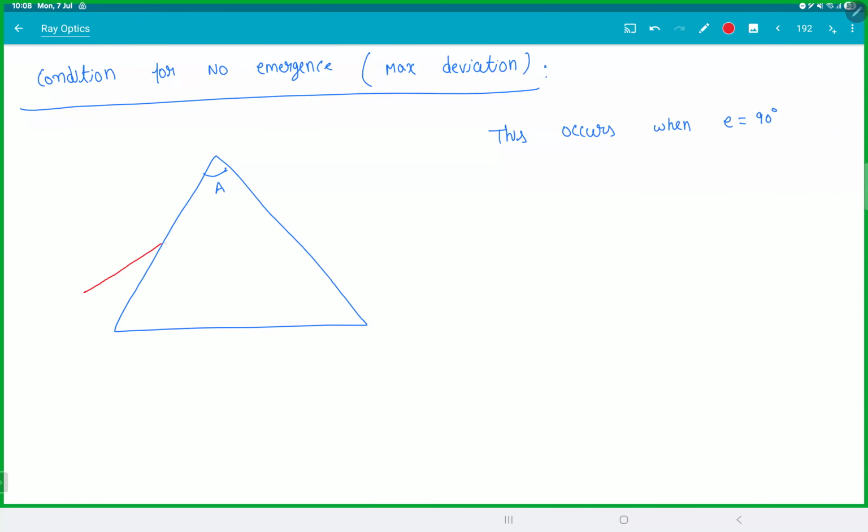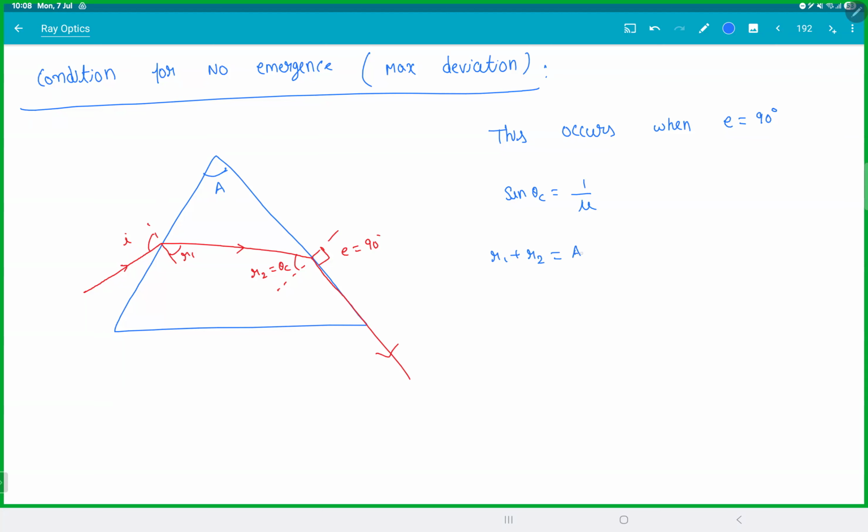So the light ray enters here, goes here, and this light ray has become like this. So E is 90. So R2 is theta critical. This is R1 and this is I. Sin theta critical is 1 by mu.